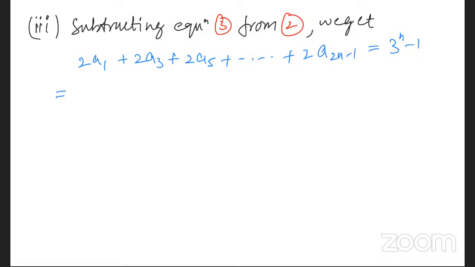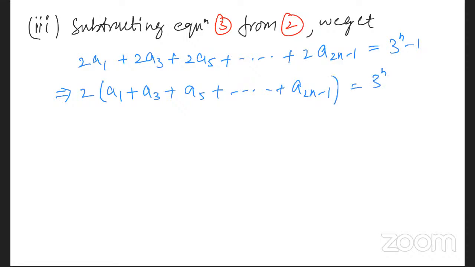So this implies, take 2 common, it will be a1 plus a3 plus a5 plus so on plus a2n minus 1 is equals to 3 to the power of n minus 1.